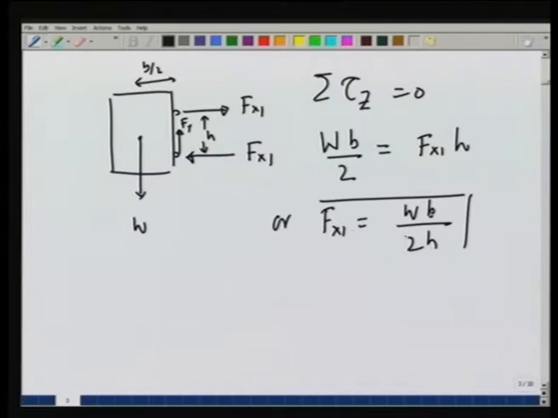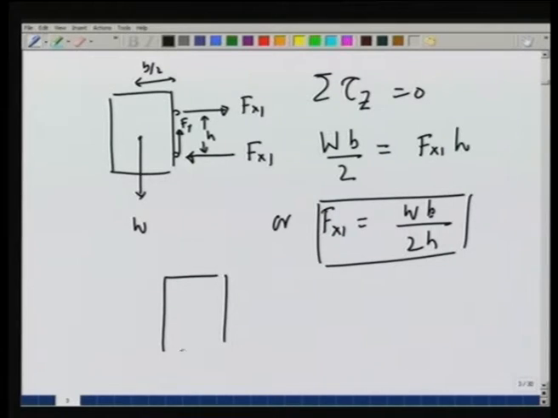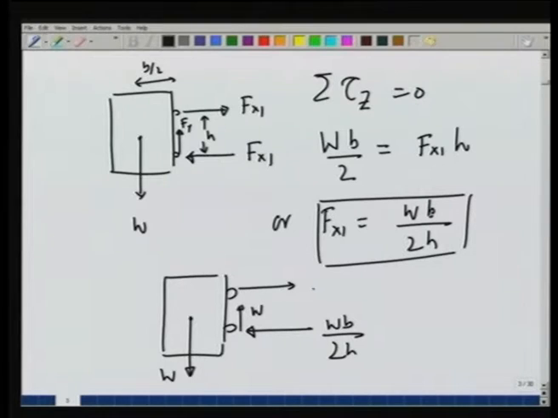So, the forces acting on the gate are W this way, W times b over 2 h this way, and W times b over 2 h this way.